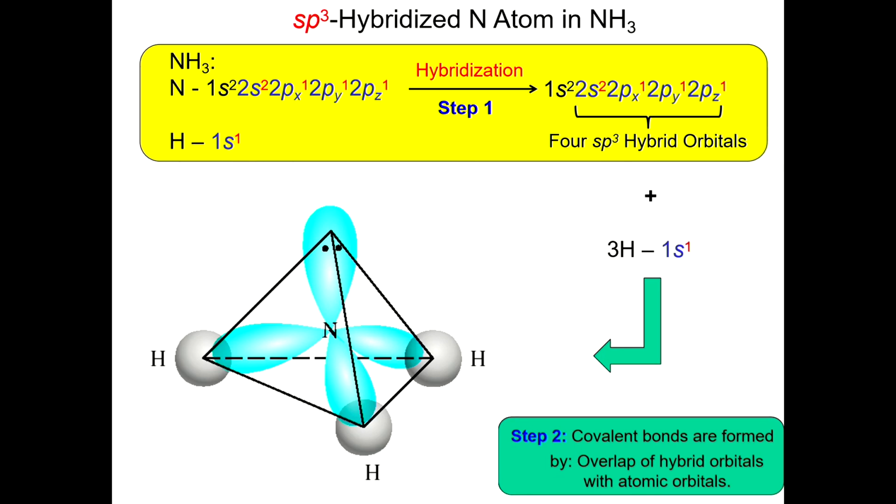This hybrid orbital can overlap with the atomic orbital of hydrogen to form the covalent bond. Using this, we can see the angle between hydrogen, nitrogen, hydrogen is 107.